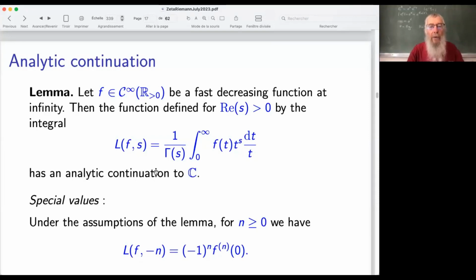The value of this function at s equal to minus n is minus 1 to the n times the derivative of f of order n at 0.